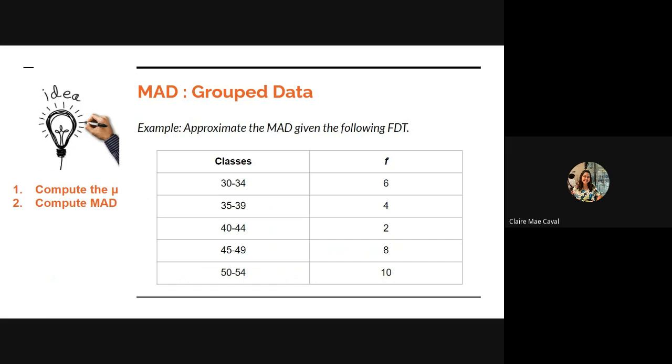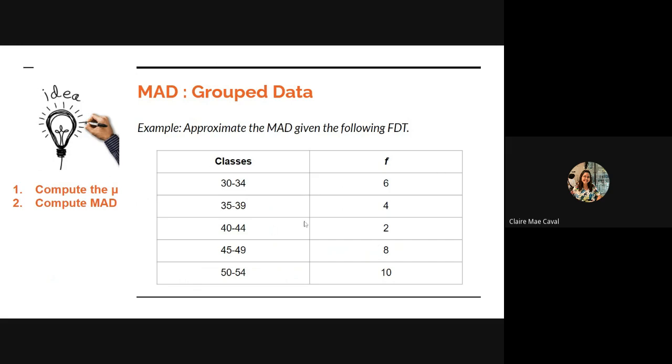So you'll expect that usually for grouped data, you'll be given a table like this. Kasi if set of data yung ibibigay, you still have to construct the frequency distribution table before solving what is asked, like the mean absolute deviation. So it will take much of your time, no? So expect na ganito din yung ibibigay.